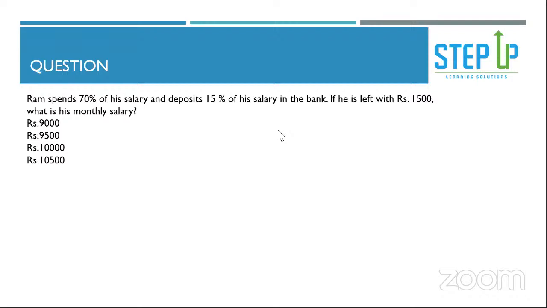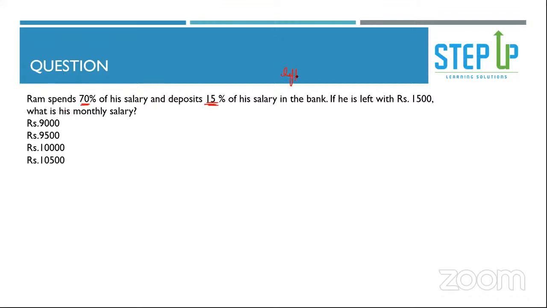Very simple one, this also. That's why it's 10,000. How is it 10,000? So 70% is spent, 15% deposited.